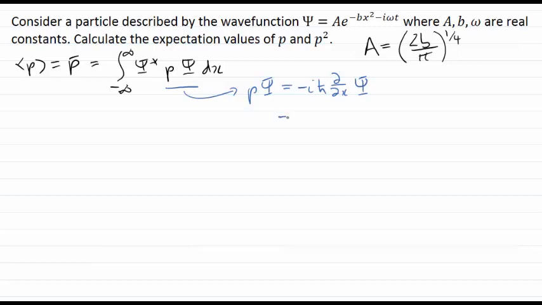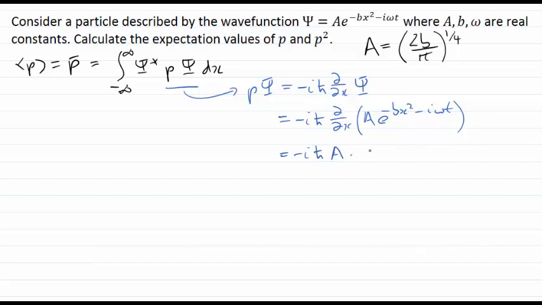And we can actually calculate what this will be for this particular problem. We're going to want d by dx of our wave function here, which is capital A e to the minus bx squared minus i omega t. So to take that derivative, you can see minus i h bar at the front here. The A will remain, the A is just a constant. We're going to bring down the derivative of what was in the exponent.